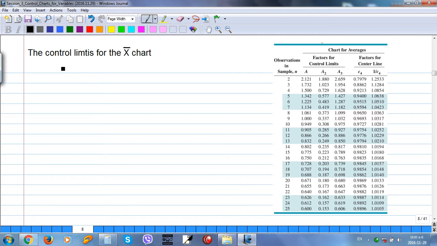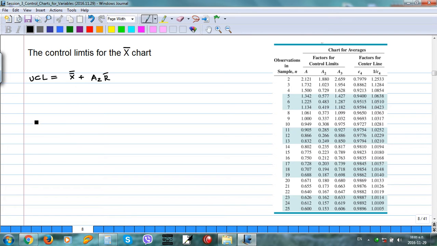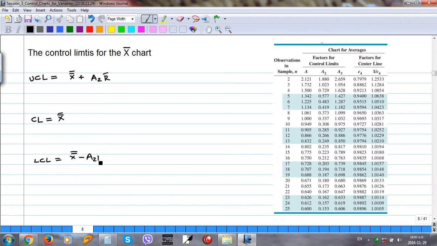For the X bar chart, as we discussed earlier, upper control limit equals x double bar plus A2 R bar, center line equals x double bar, and lower control limit equals x double bar minus A2 R bar.